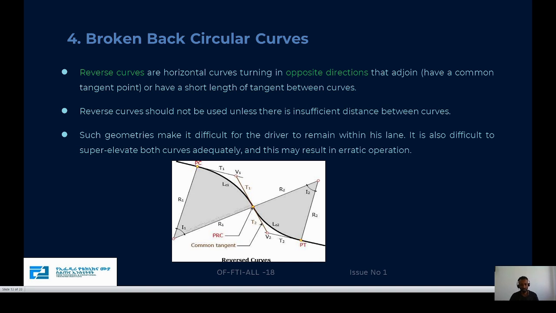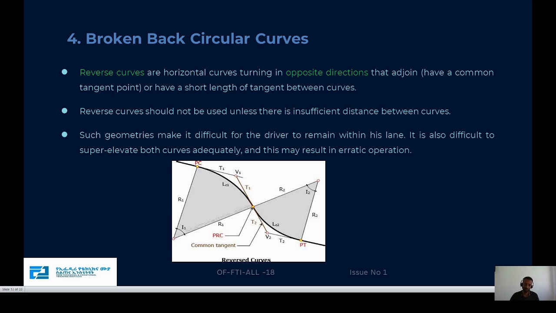A broken back circular curve is different from reverse curves. In reverse curves, two curves are in opposite directions, with a short tangent or none.